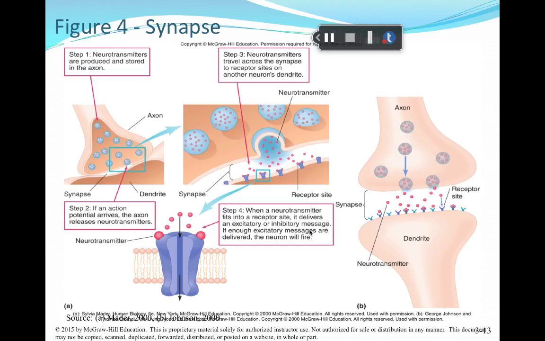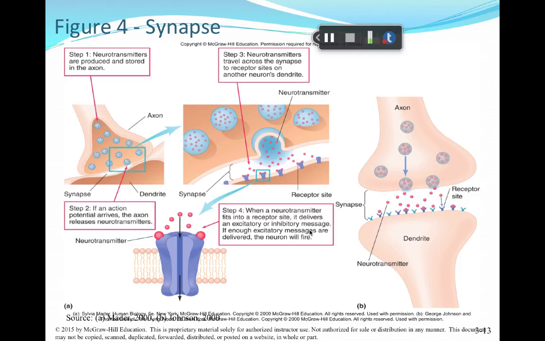When the neurotransmitter fits into the receptor site, it's important. If it does not fit into the receptor site, the neurotransmitter will not carry the message. If it fits, it will make the receiver neuron fire. And it can fire in two ways.